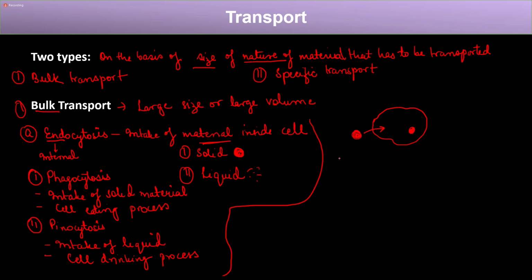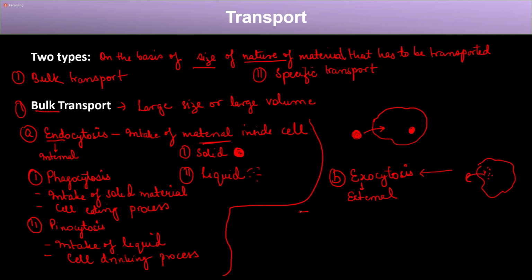Now there is a second type of bulk transport, and that is called exocytosis. Exo means external. Suppose a cell has something inside it and wants to secrete it out, then this process is called exocytosis.